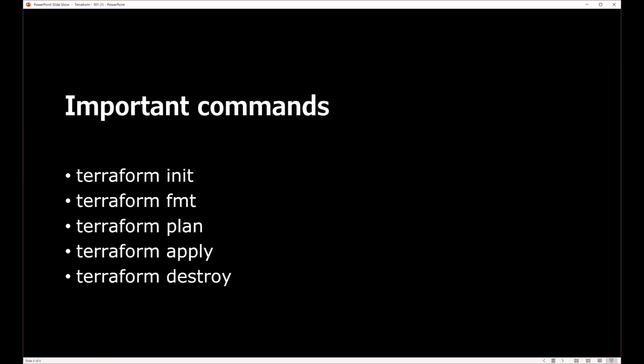If you have saved a plan as part of a terraform plan step, you can use that saved plan. Then also it will not ask for any confirmation. And finally, you have terraform destroy. Terraform destroy is for destroying the resources that you have created using this configuration file or set of configuration files.